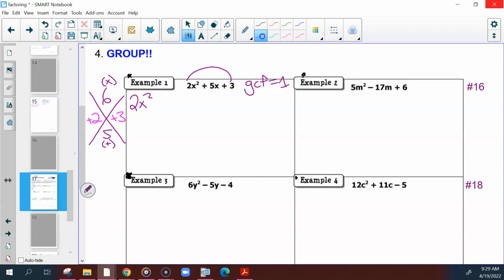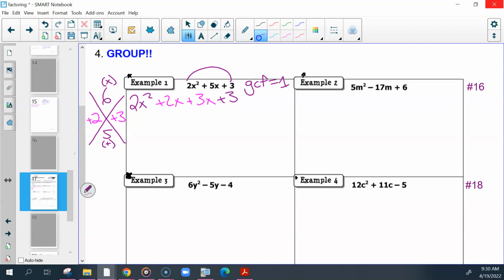We're not going to actually combine the like terms though. And we're going to include the x since this had x. So this will look like 2x squared plus 2x plus 3x plus 3. We're rewriting it so it now has 4 terms.